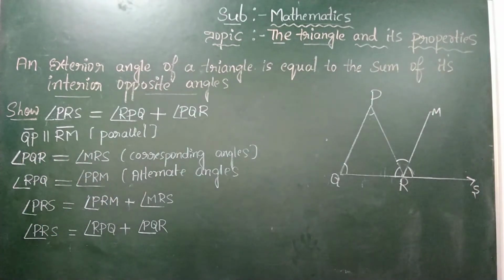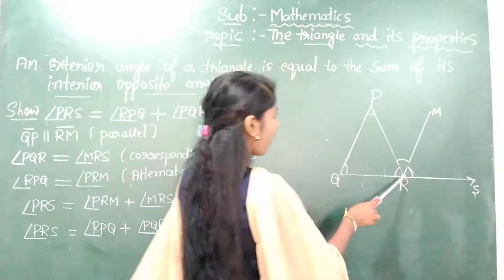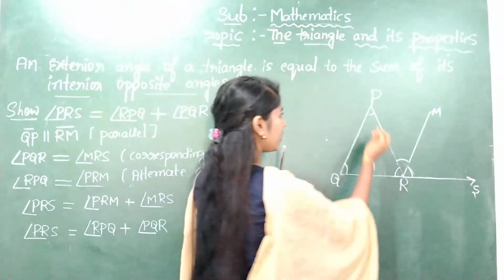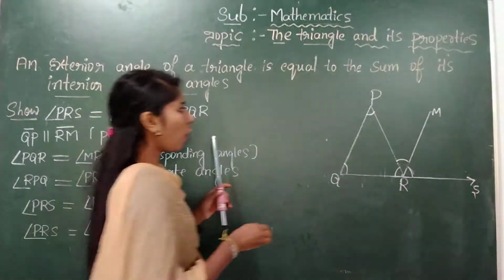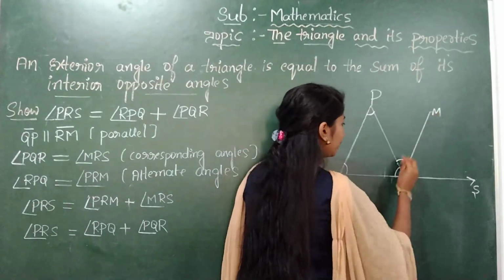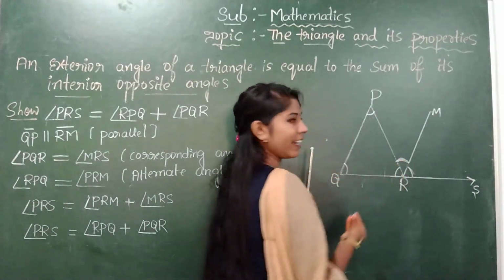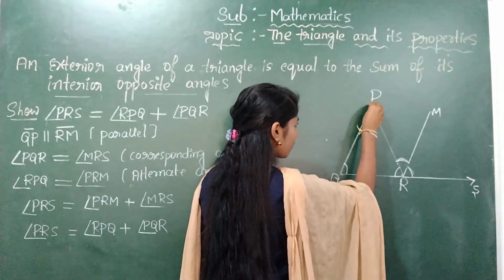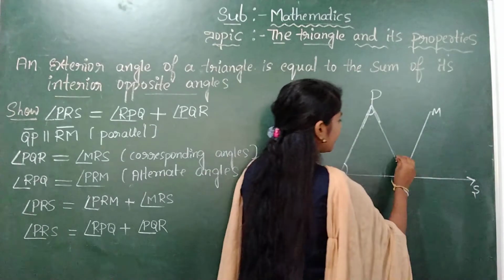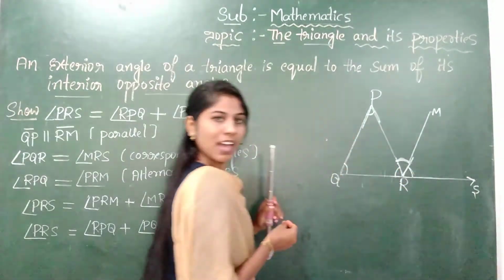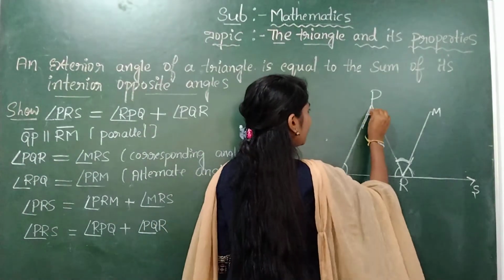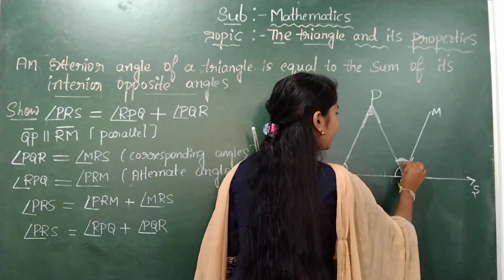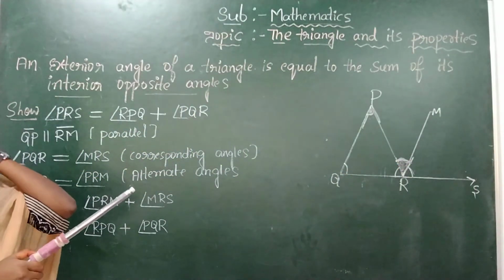So next one is angle RPQ. Where is angle RPQ? This is RPQ and angle PRM. Where is PRM? This angle. Observe those two angles. What can you see here? Which kind of angles are those?